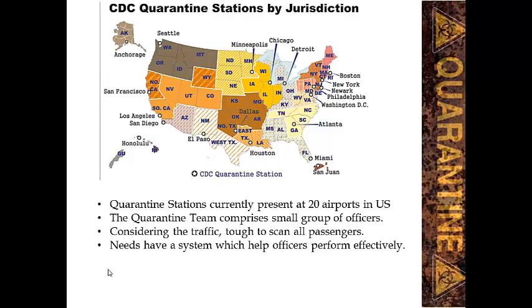At each quarantine station, there is a team which comprises quarantine officers, and that small group is responsible for the screening of all the passengers coming to that particular airport. Hence, we really need to have an efficient system which will help the current officers to predict which passengers to quarantine for which diseases, depending upon the areas which they come from.